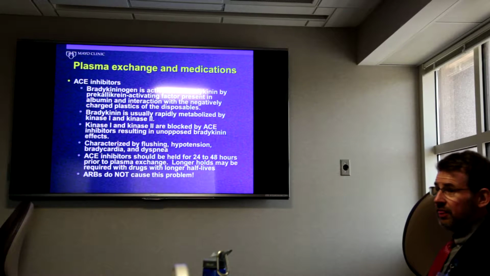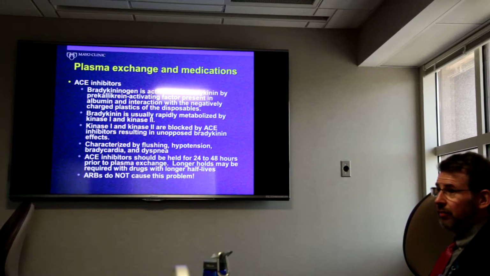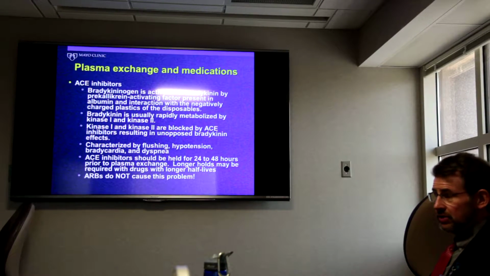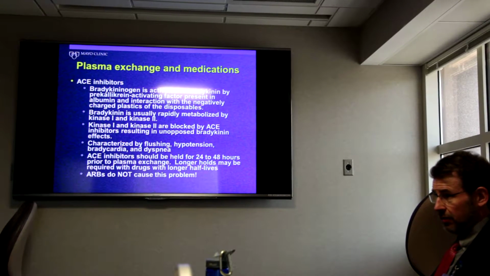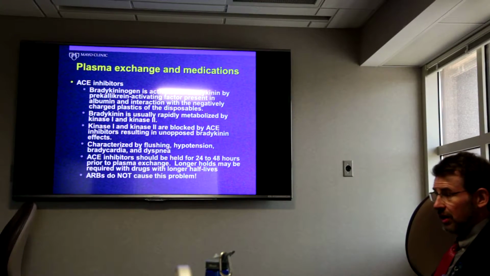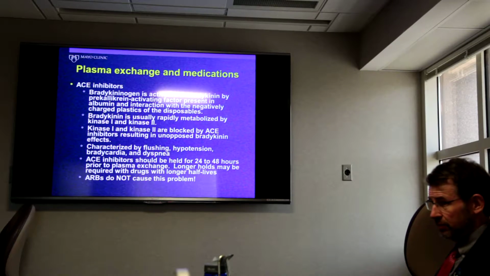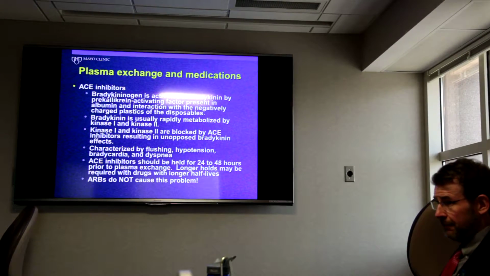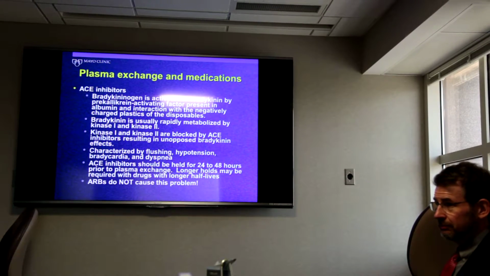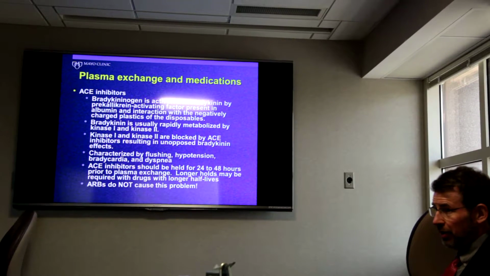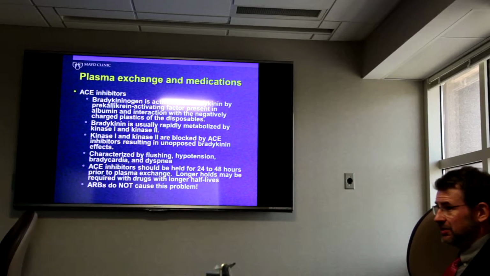Now again, this is in the albumin. So if you are treating somebody on an ACE inhibitor with a plasma exchange, and they're getting plasma as their sole replacement fluid, okay? We don't care, because it's plasma, it's not albumin.